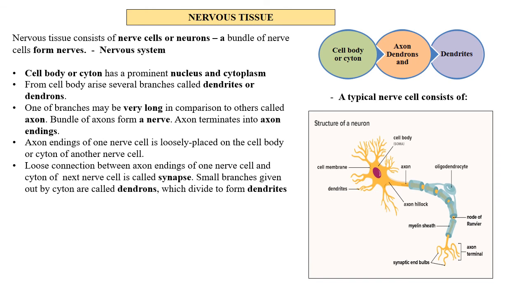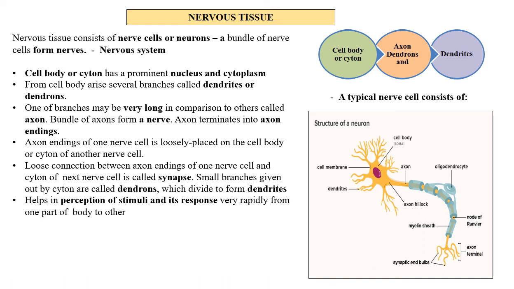The other small branches given out by cyton are called dendrons, which further divide to form dendrites. Nervous tissue helps in perception of stimuli and its response very rapidly from one part of the body to another. The brain, spinal cord and nerves are composed of nervous tissue.